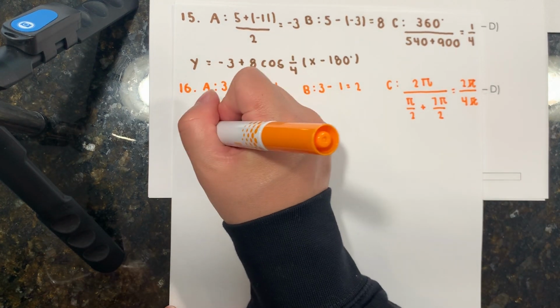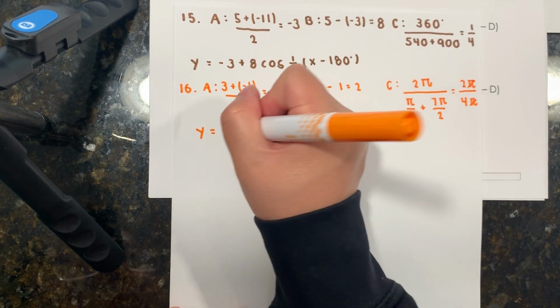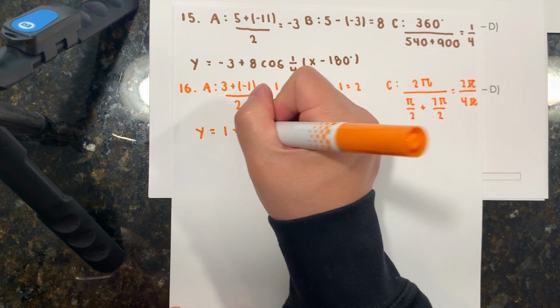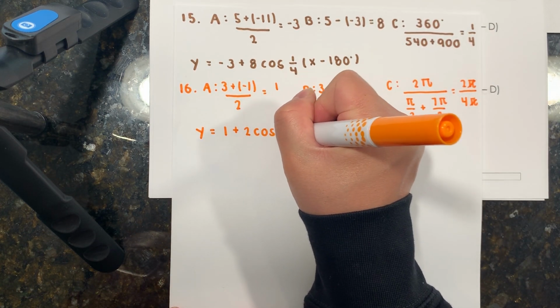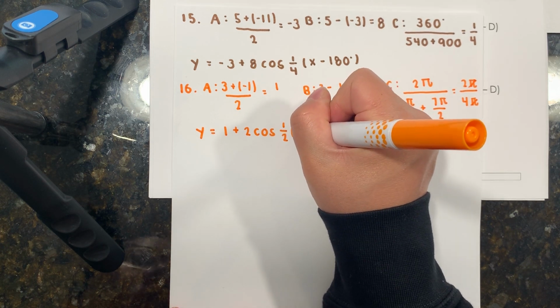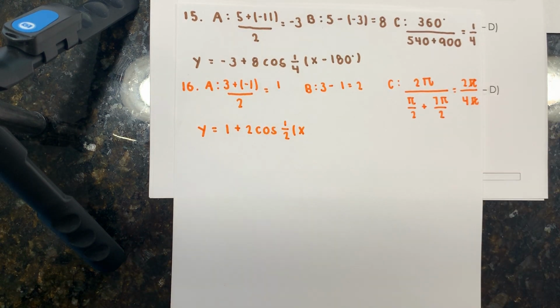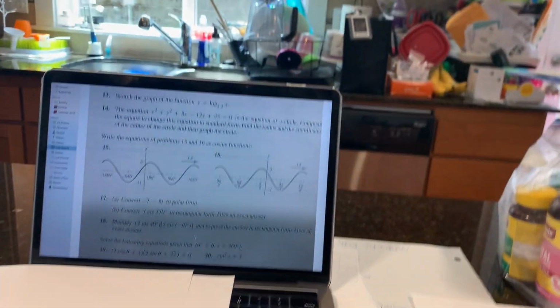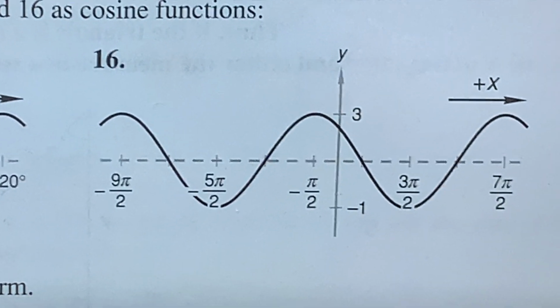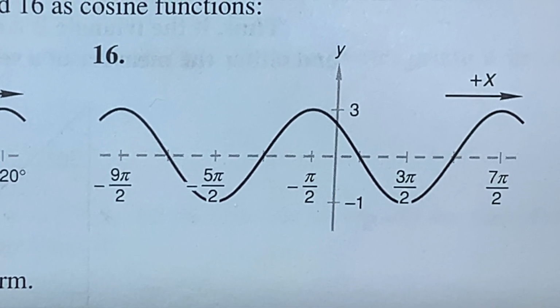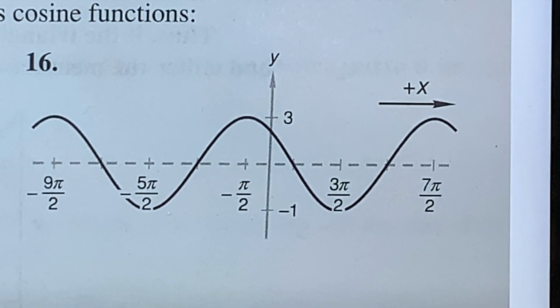So now my answer is going to be y is equal to 1 plus 2 cosine 1/2, and then my phase shift is going to be x, and then however many radians I have to move it. So it's currently peaking at -pi/2, and I want it to peak at 0.